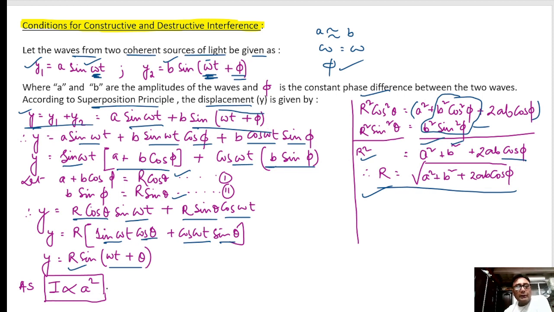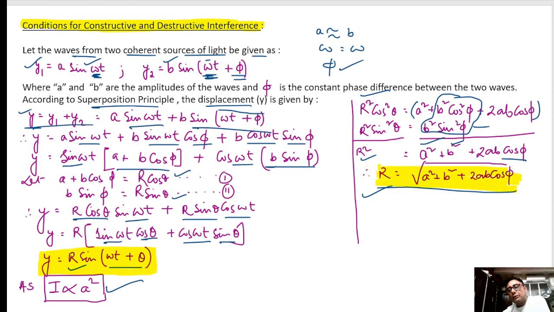Okay, and we know intensity is the square of the amplitude. Intensity will always be the square of the amplitude. So please keep in mind that this is the resultant displacement of the superposition of the two waves, and the amplitude of that resultant wave will be given as this.